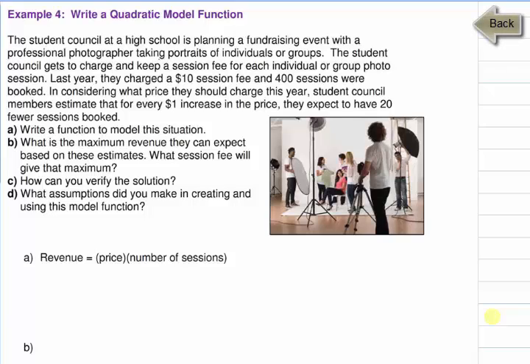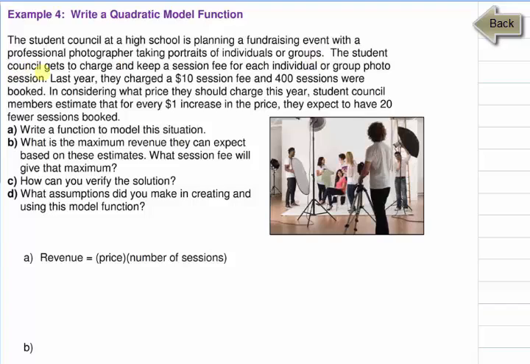In this next example, we're going to do an application problem. You are going to get a scenario where you will be expected to write a quadratic function to model a situation. The student council at a high school is planning a fundraising event with a professional photographer taking portraits of individuals or groups.